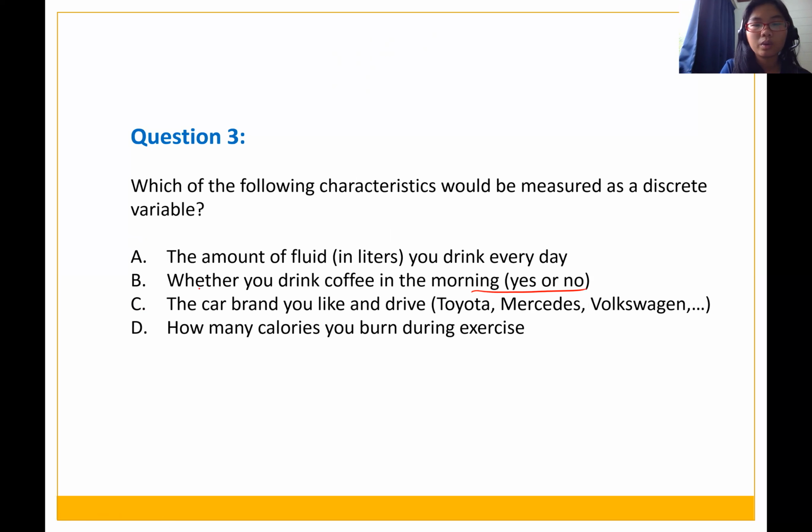Similarly, the car brand that you have, like Toyota or Mercedes, doesn't have a ranking order at all, and it's also a categorical variable. Now we're only left with A and D. So A, the amount of fluid, again, it's a continuous flow.